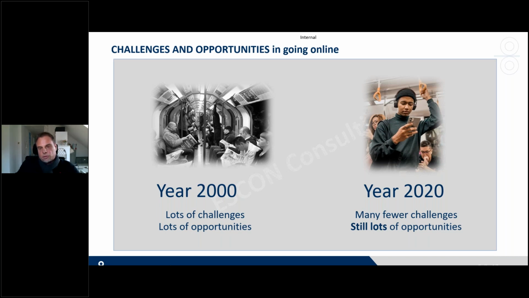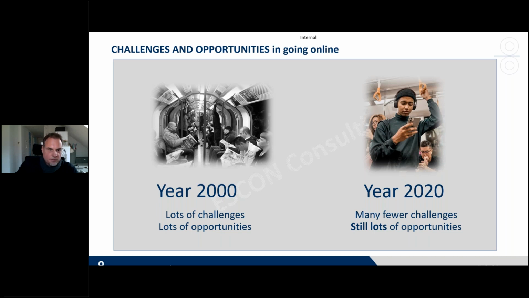You also have a lot of opportunities when you go online, and you have much fewer challenges than we had in the beginning. When we started, there was nothing on the market, so we were not even able to buy software for imposition, which would have been really helpful for us.